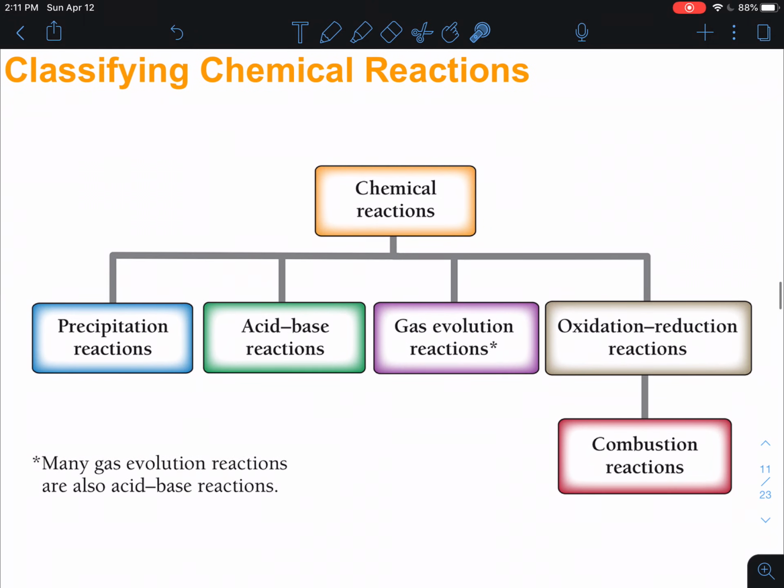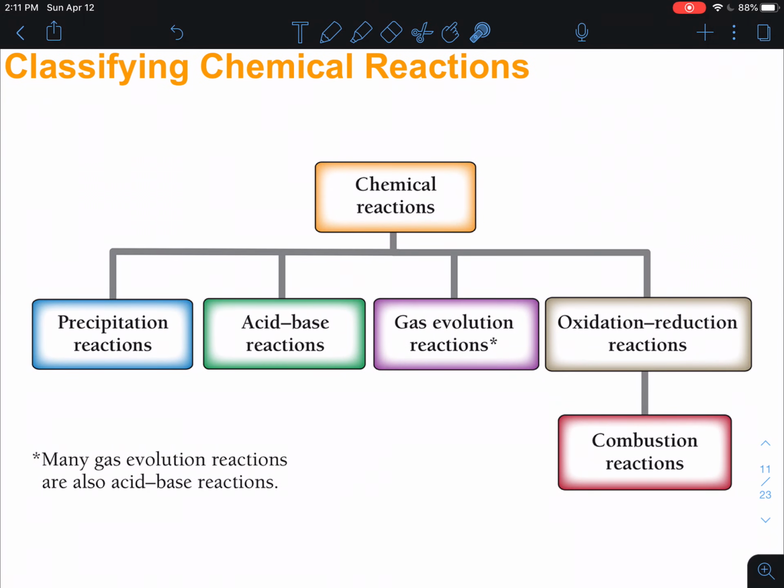I posted this so you can see everything. So let's take you through everything that we've learned so far. All right, we've talked about chemical reactions. We've talked about what is evidence of a chemical reaction: gas formation, light, absorption of heat, or heat emission.